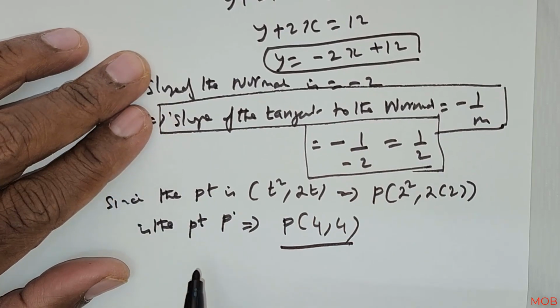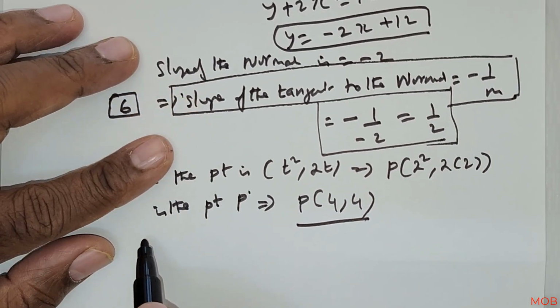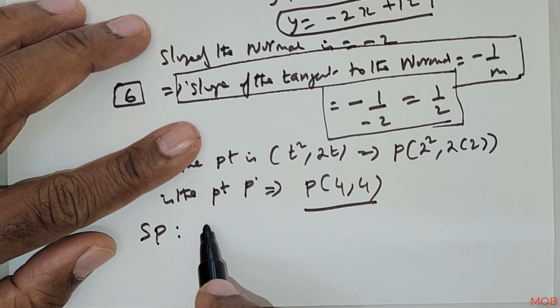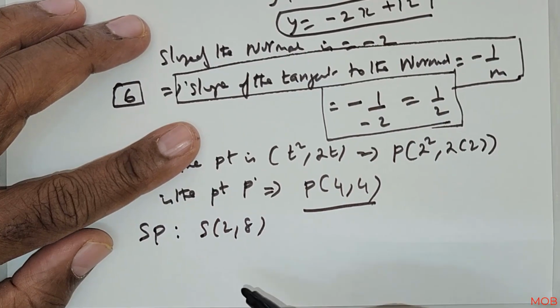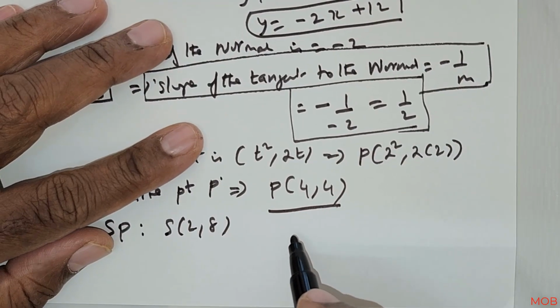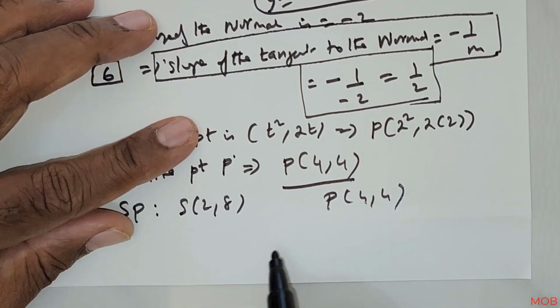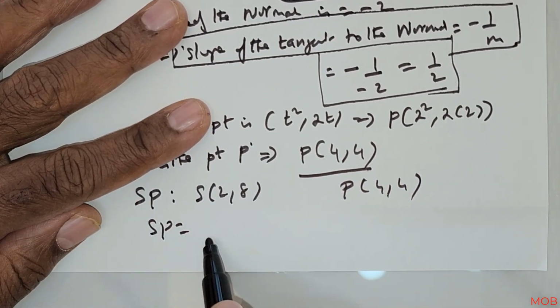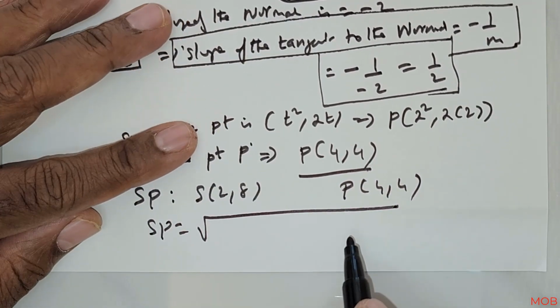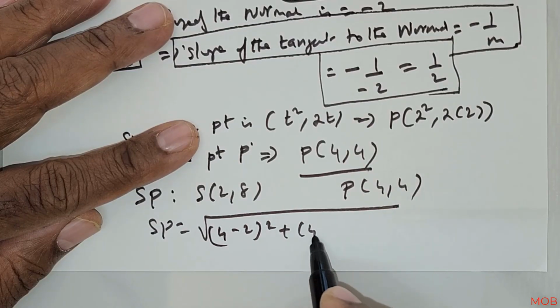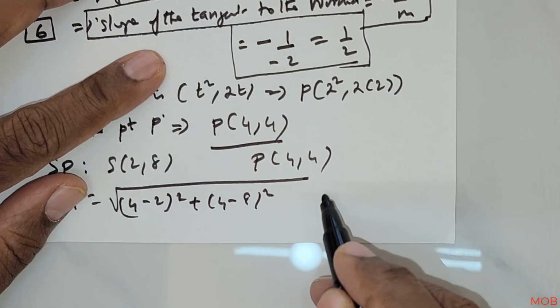Now we have to get SP. So what is SP? SP is nothing but 2 comma 8 and P is 4 comma 4. So therefore SP, by the distance formula, is root of (4 minus 2) the whole squared plus (4 minus 8) the whole squared.